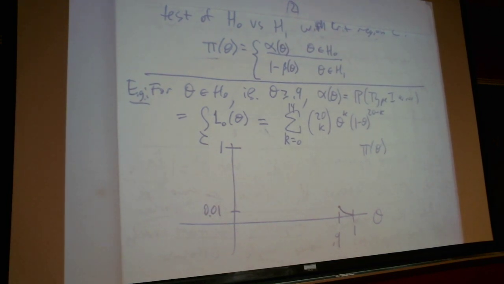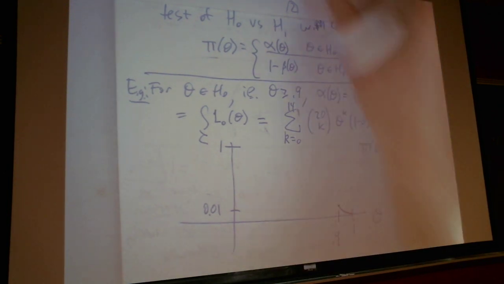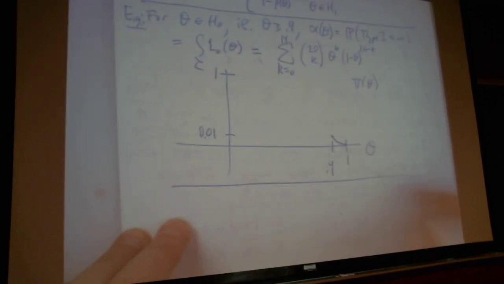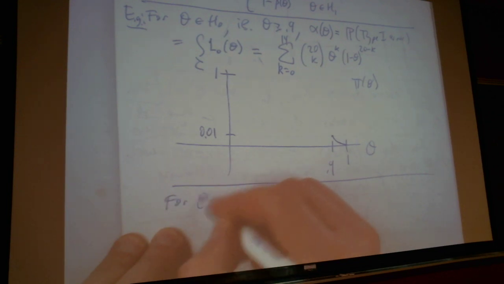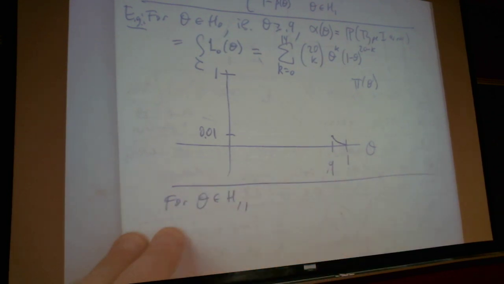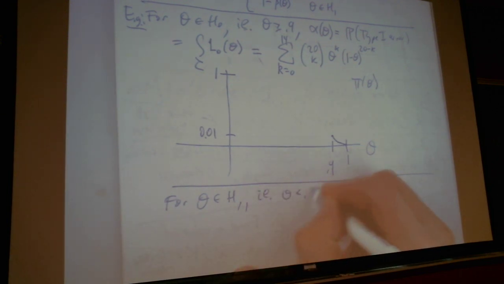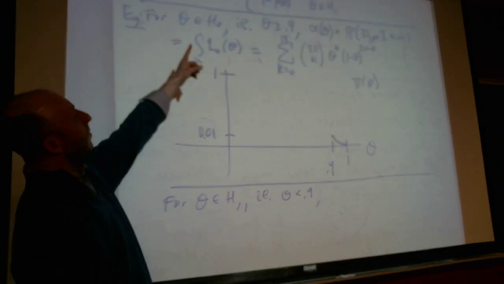Now, what do we do in the complement, for theta in H1, i.e. theta is less than 0.9? Instead of computing alpha of theta, we compute 1 minus beta.